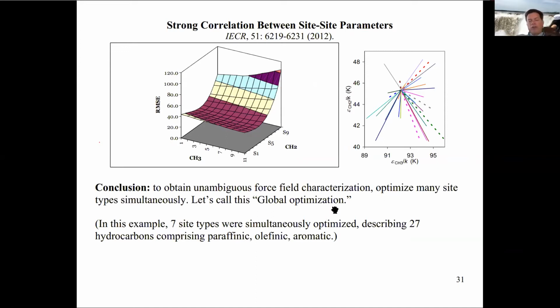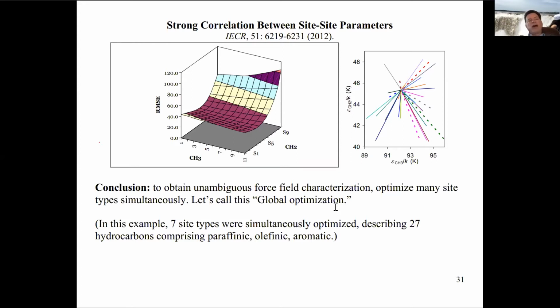Well, if we want to develop the optimal force field, one way to do that, and you can see this in the TraPPE force field, is they develop the CH3 interaction, and then they develop the CH2 interaction, and then they add one more for a branched.